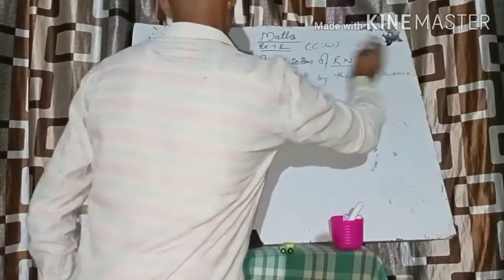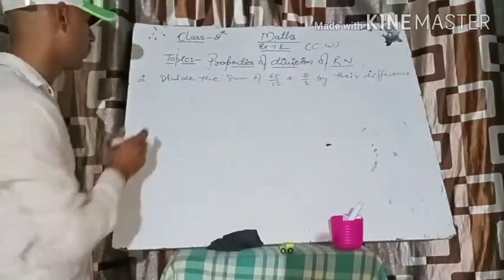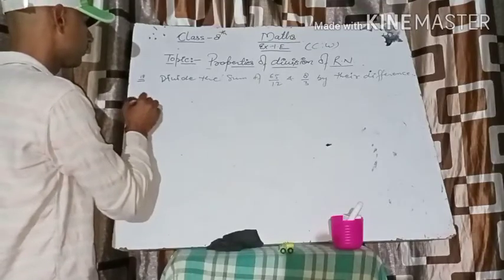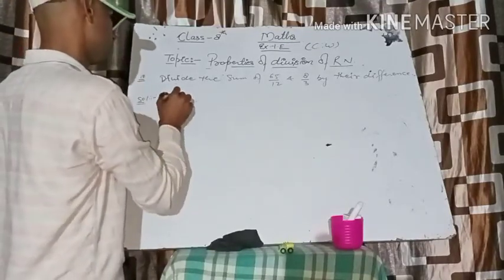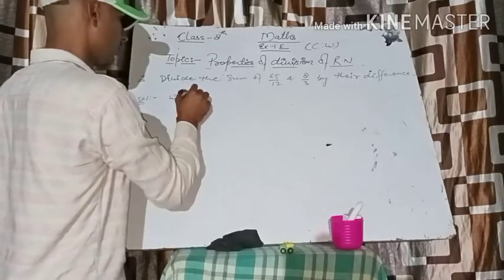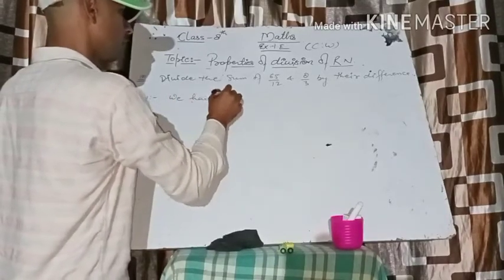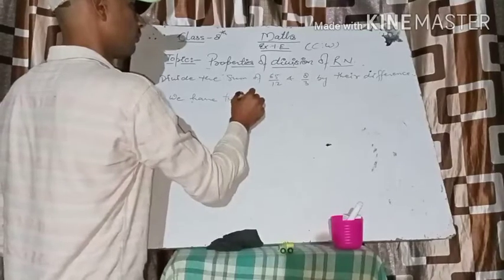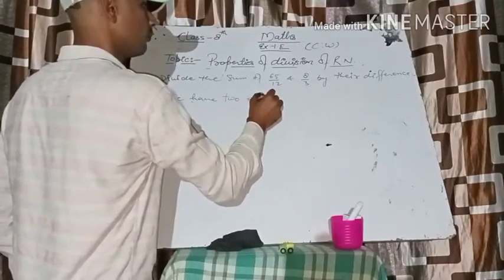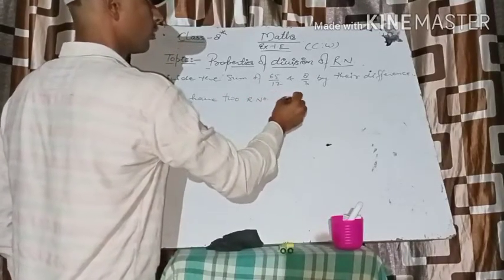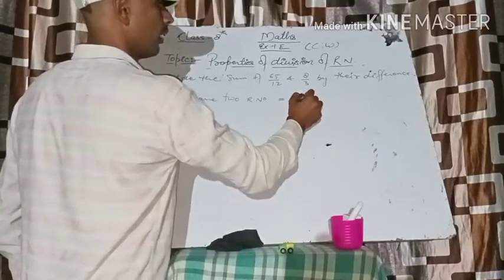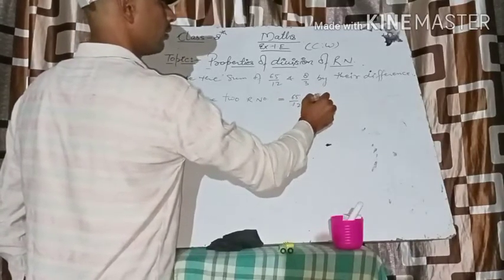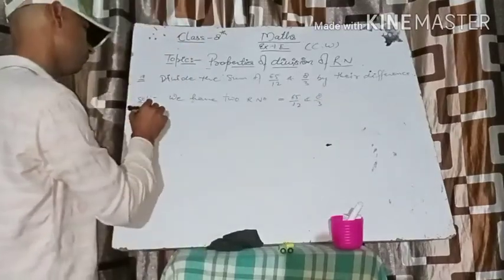So it's your question, read the statement carefully. Now how will we solve this one? We have two rational numbers, 65 by 12 and 8 by 3.